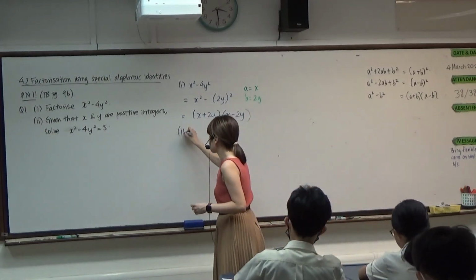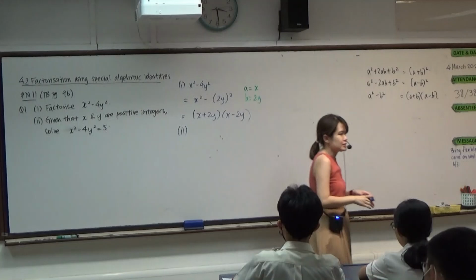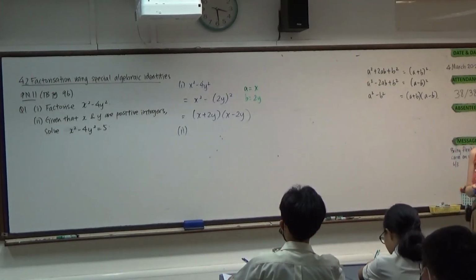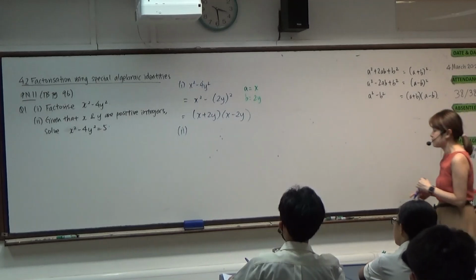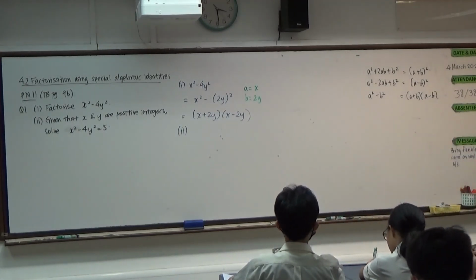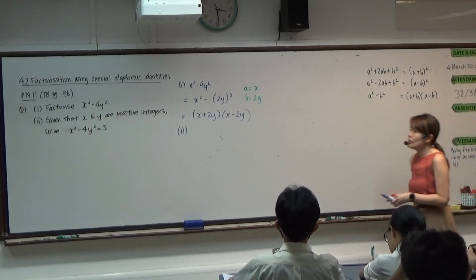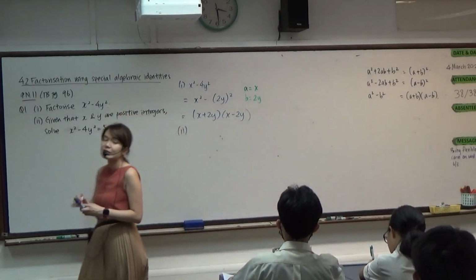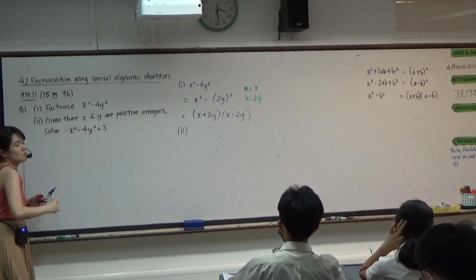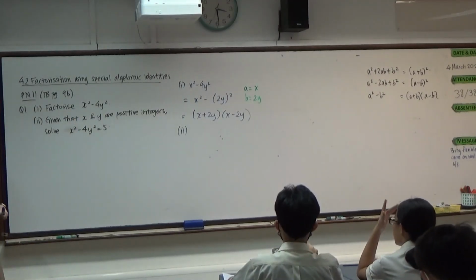Now, let's look at part 2, which is a more challenging question. It says that given that x and y are positive integers, we want to solve x squared minus 4y squared equals 5. Since they gave us something similar looking in part 1, maybe we should use part 1 to answer this question.